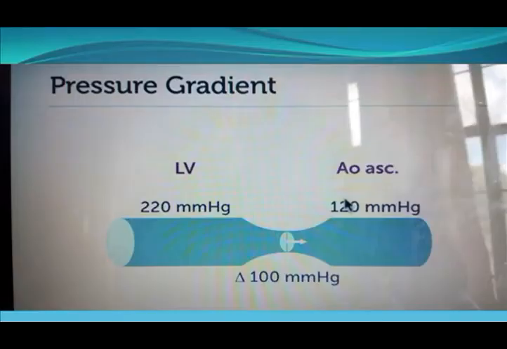So we need pressure of 220 millimeters to pass through this obstruction. But immediately the flow goes across the valve, the pressure in the ascending aorta reverts back to normal, to 120 millimeters of mercury.